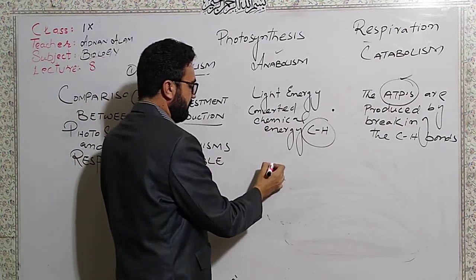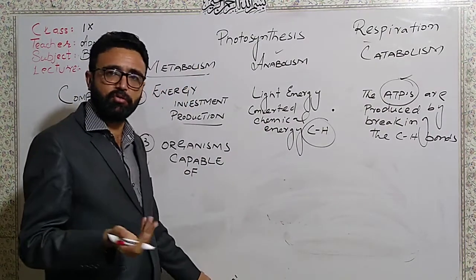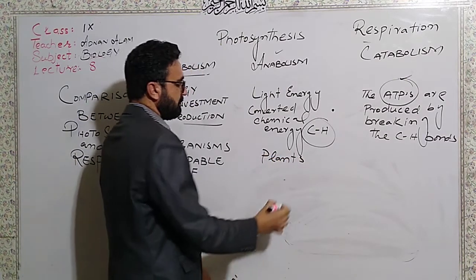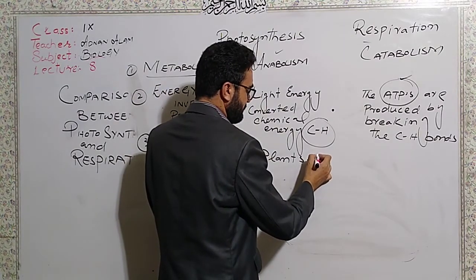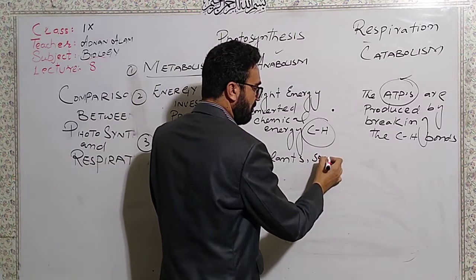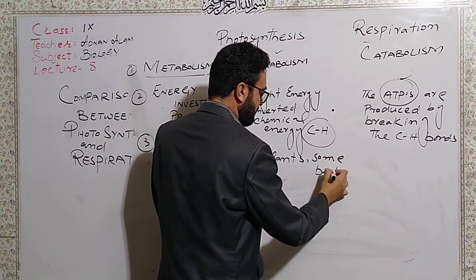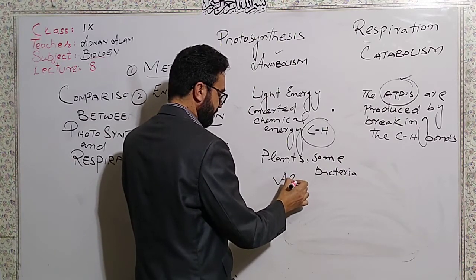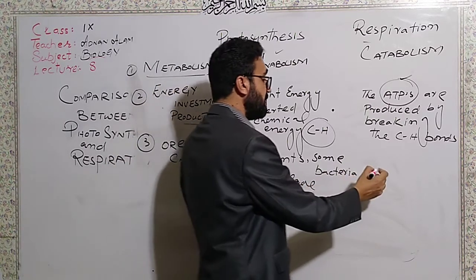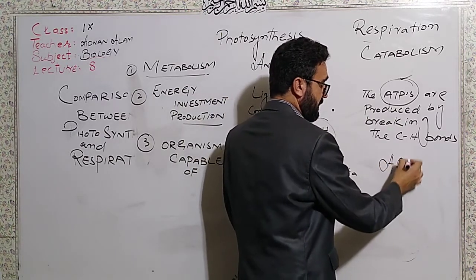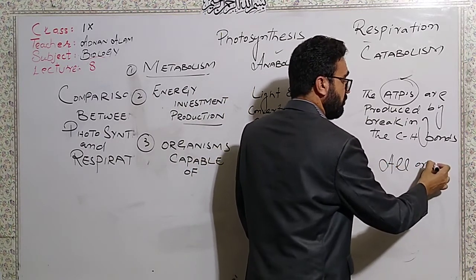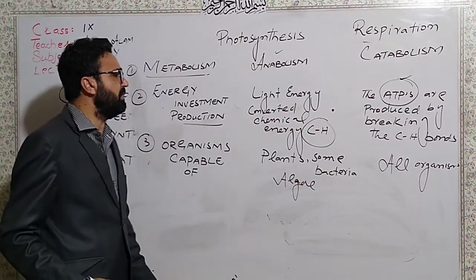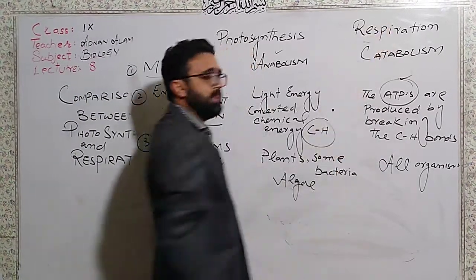Usually photosynthesis takes place in those organisms which have chlorophyll, like plants, some bacteria, okay, not all bacteria, and algae. Respiration occurs in all organisms. If it is autotrophic or heterotrophic, whether they are plants, bacteria, fungi, in every organism, respiration takes place.